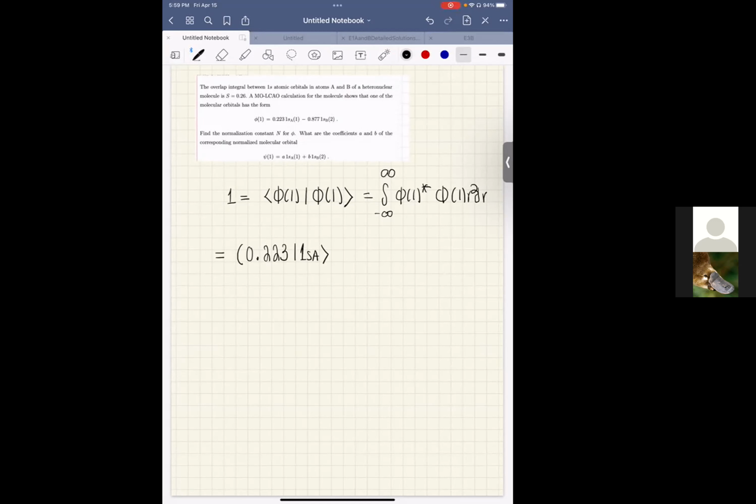okay, so it's equal to that, and that's going to be minus 0.877, multiplied by 0.223 1s_A minus 0.877 1s_B squared.